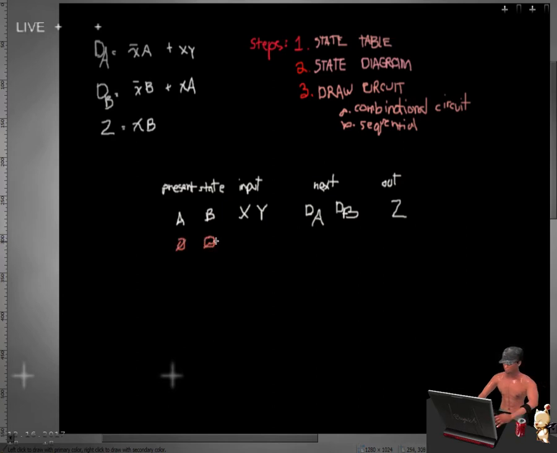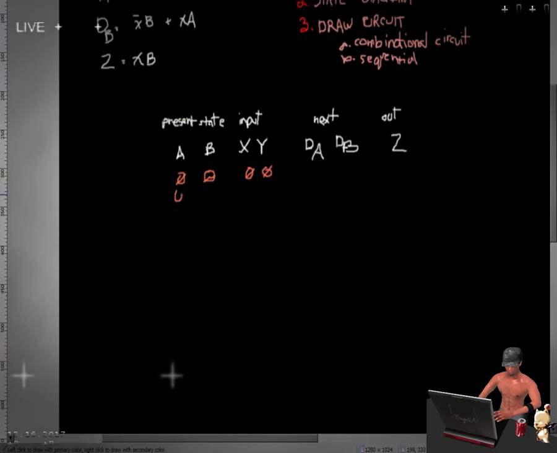We got all these 4 guys right here. 0, 0, 0, 0. Zero, 0, 1.